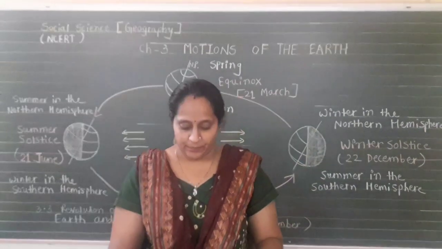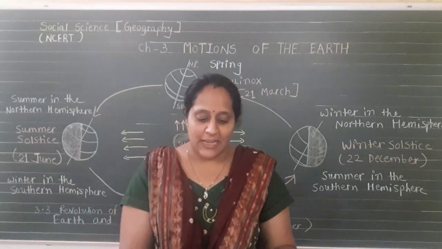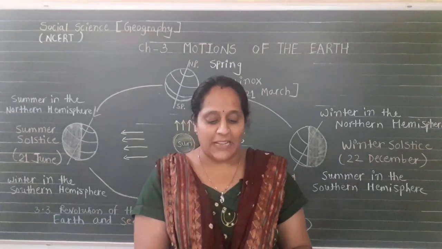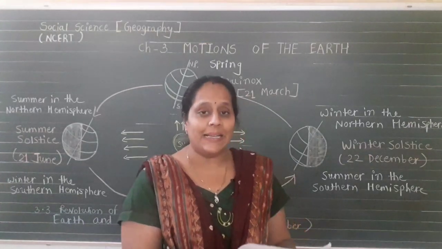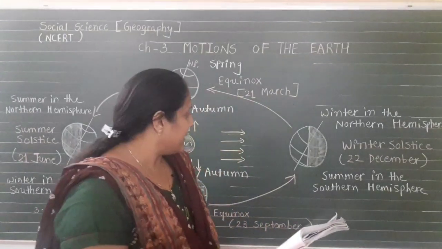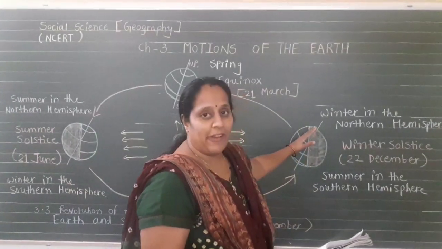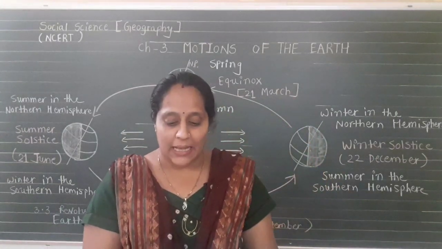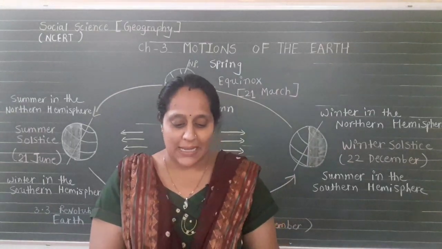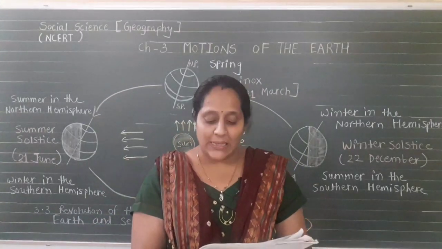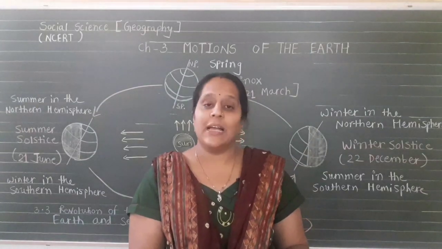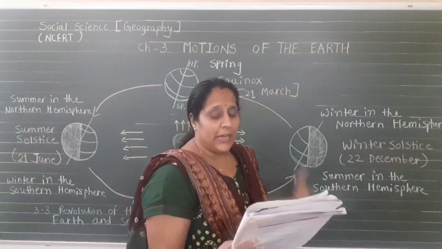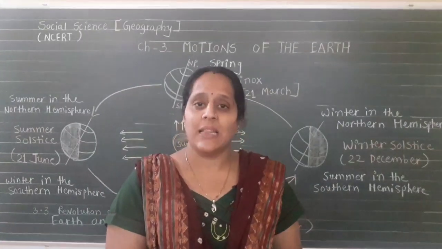So on 22nd of December the tropic of Capricorn receives direct rays of the sun as the south pole is tilted towards it. Tilted means in a slightly slanted position. So at this position they are tilted around the sun as the south pole is tilted towards it, as the sun's rays fall vertically at the tropic of Capricorn, at 23.5 degrees south.